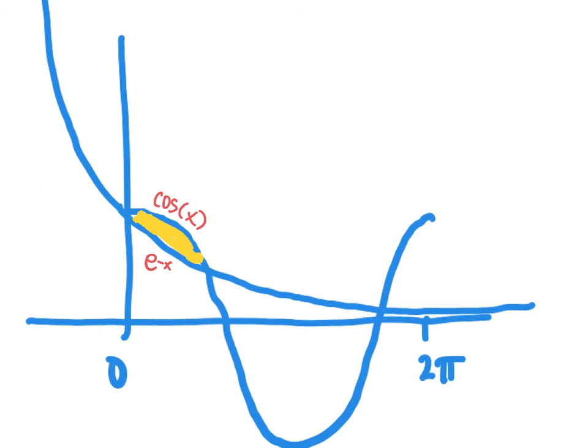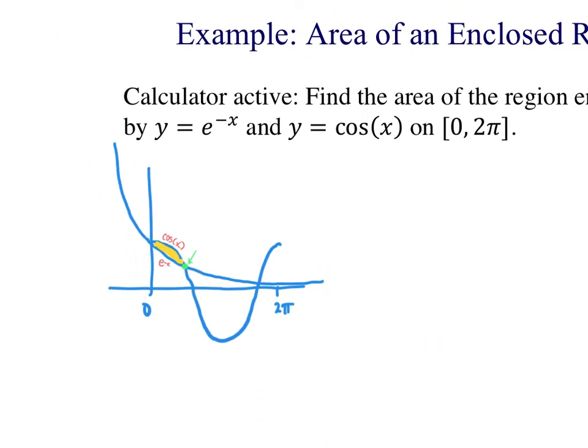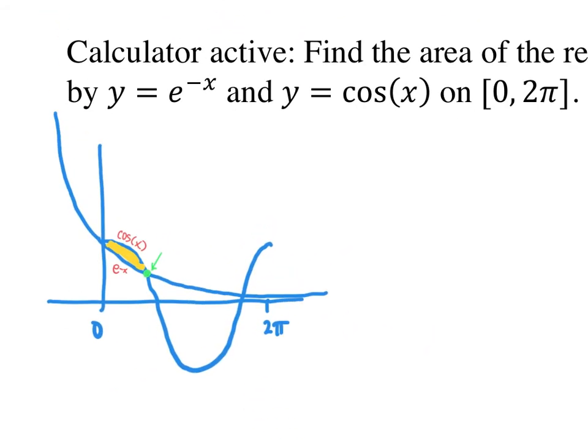Our job is to find this intersection spot, and we'll use our graphing calculator and store that value. So set up your graph, make sure you're 0 to 2 pi, make sure you're in radian mode, and that your y-axis is something like -2 to 2, which should be fine.